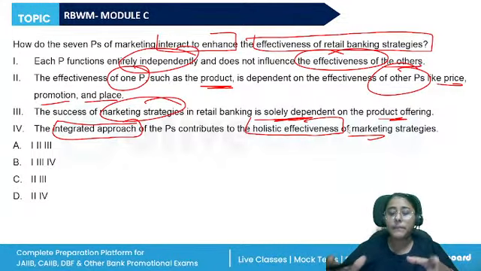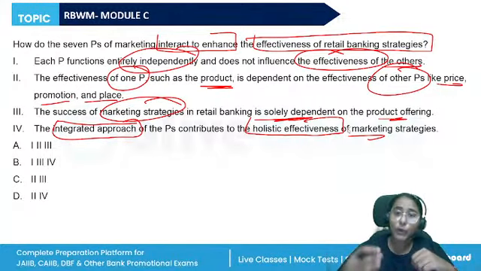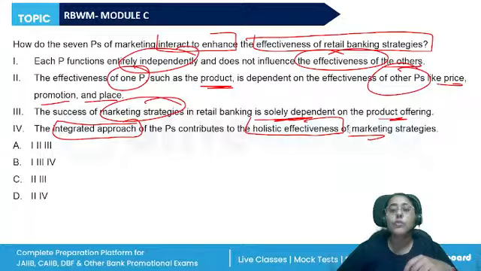For example, all the P's are interlinked. Product is an important element. The effectiveness of the product and the strategy depends on the price. So even though the price is an important element, product and price will not matter if promotion is not done in the right way, and if the place aspect is not given due consideration.